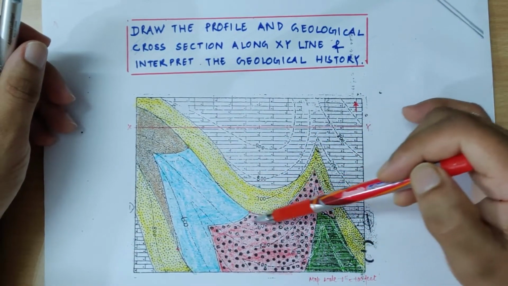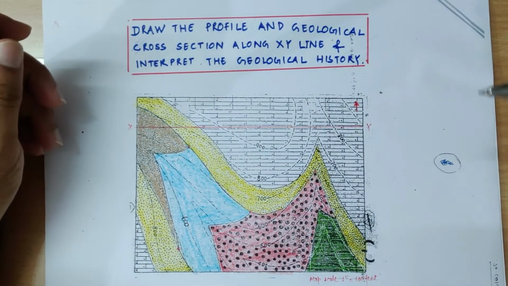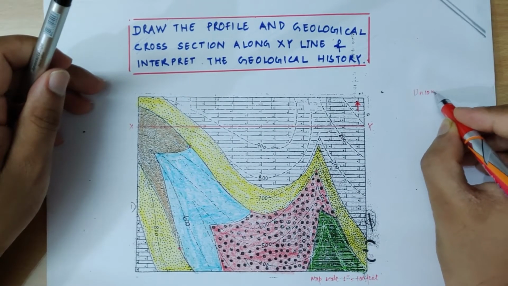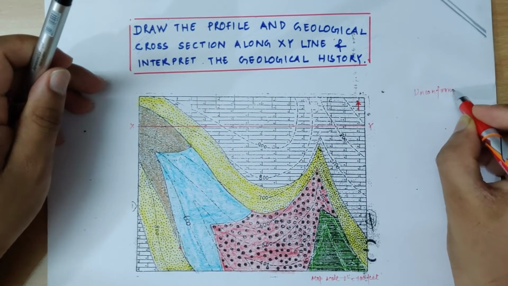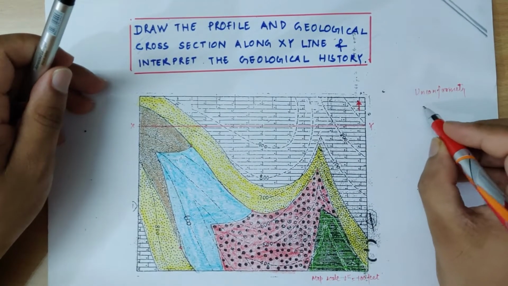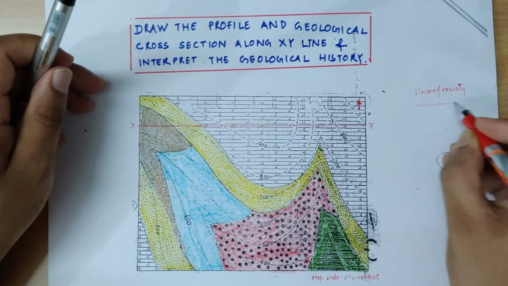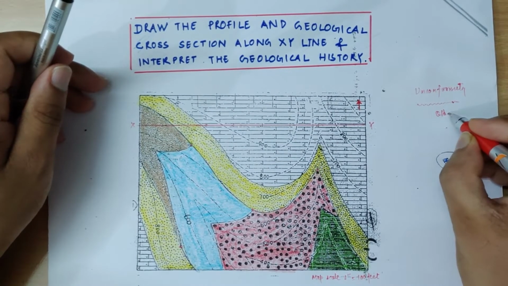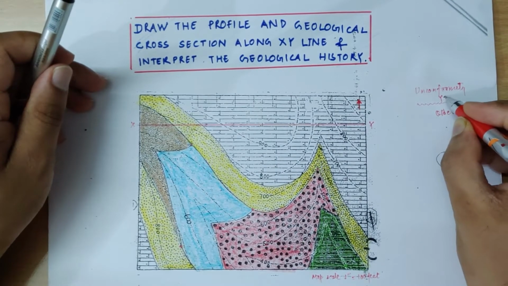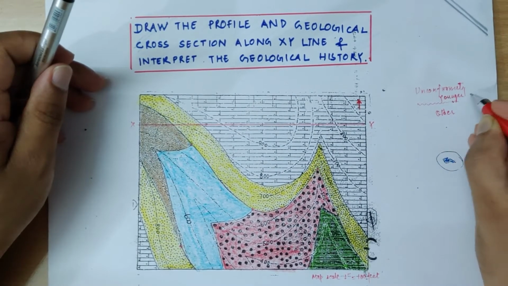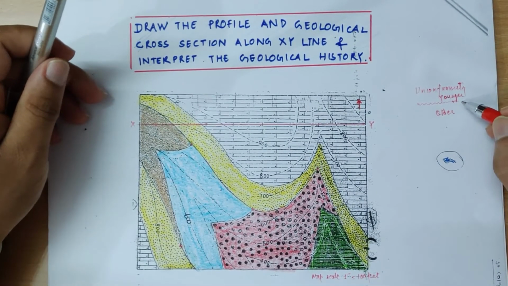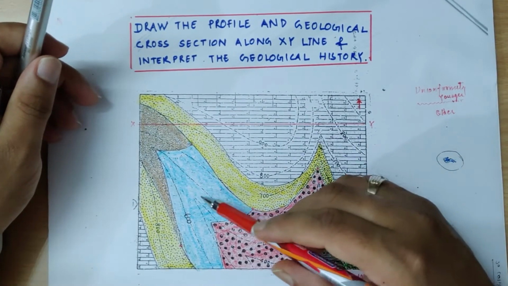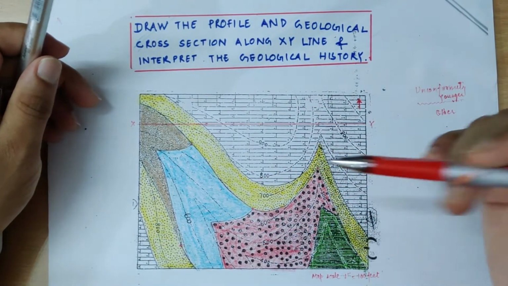If one unconformity is present in the area, it means there are 2 sequences. Generally, one unconformity separates two sequences, one older sequence and a second younger sequence. The older sequence is separated by unconformity from the younger sequence, and older sequences are generally more deformed in comparison to the younger sequence.